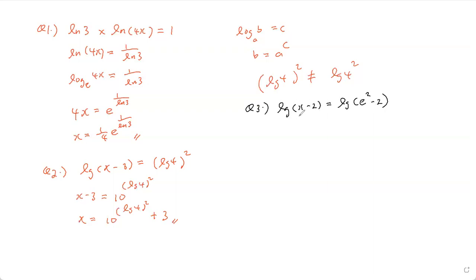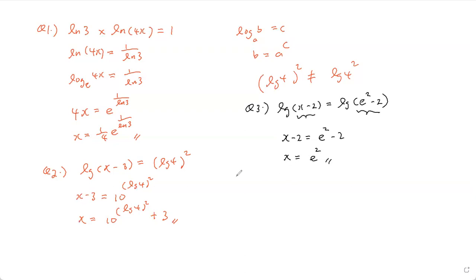So you can easily observe that x minus 2 is equal to e squared minus 2. Okay, so one common mistake is to strike out the log. Okay, so that is a conceptual misunderstanding, so don't do that. Okay, so just write x minus 2 equals e squared minus 2. Right, and x would be equal to e squared. Okay, so as simple as that.